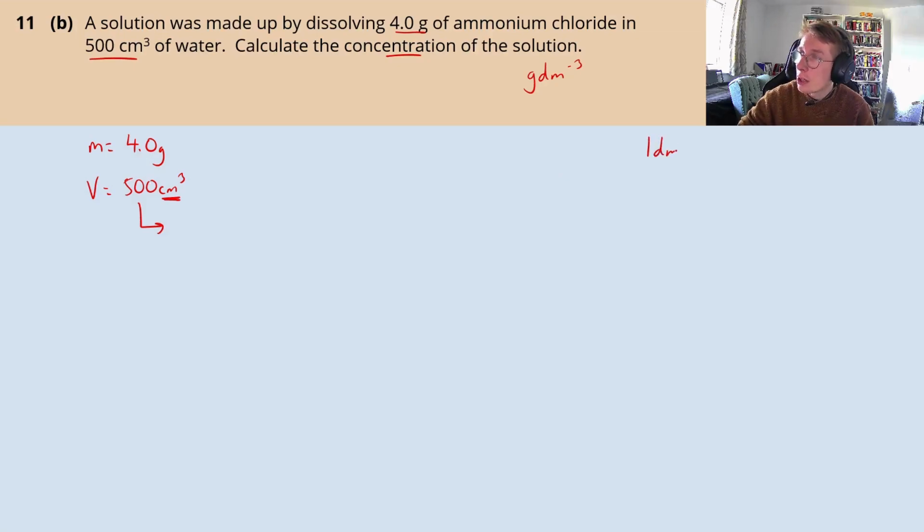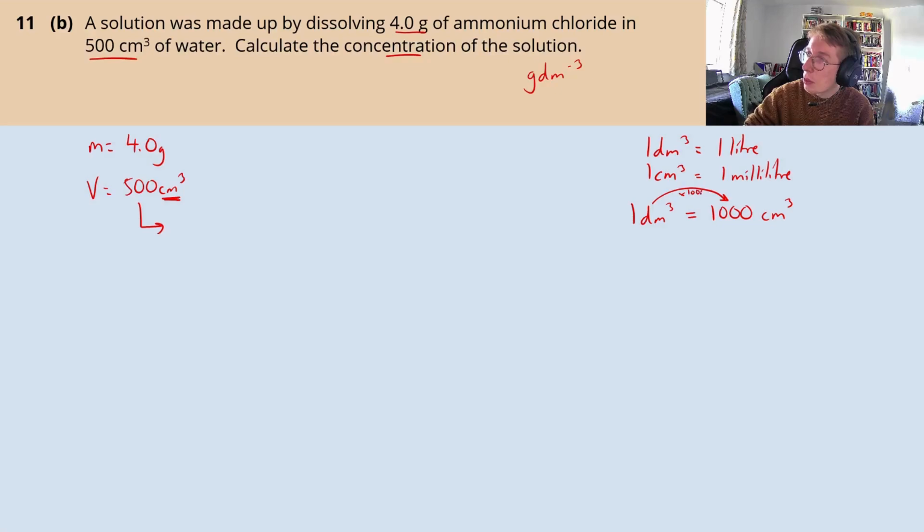So I need to convert centimeters cubed into decimeters cubed. You'll remember a second ago I said that 1 decimeter cubed is the same as 1 litre. 1 centimeter cubed is equal to 1 milliliter. So 1 decimeter cubed is equal to 1,000 centimeters cubed, because 1 litre contains 1,000 millilitres. If I want to convert decimeters cubed to centimeters cubed, I need to times by 1,000.